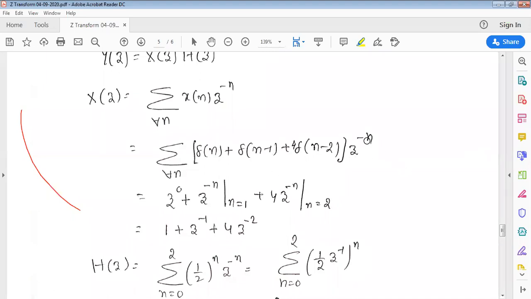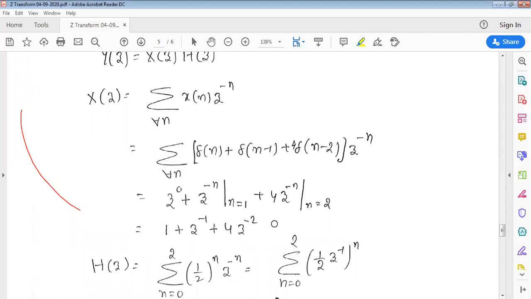So I'll write z power minus n at n equal to 1, plus 4 into delta of n minus 2, that is z power minus n existing only at n equal to 2. So this is equal to z power 0 which is 1, plus z power minus 1, plus 4 into z power minus 2. So this is the result of X of z.